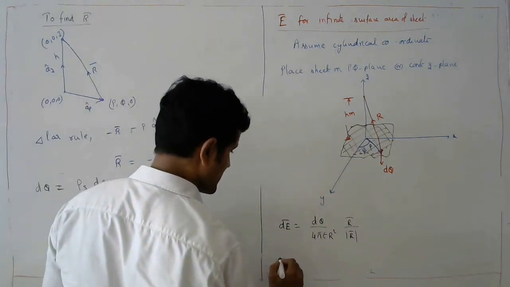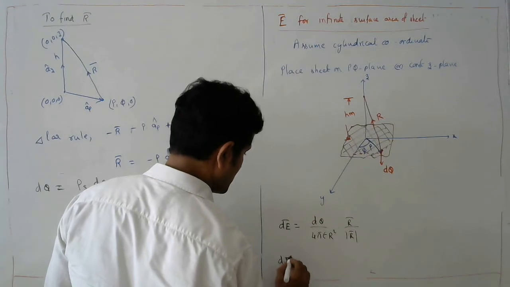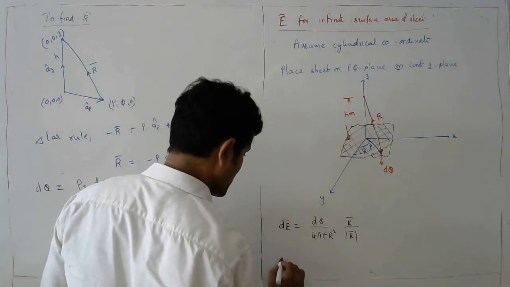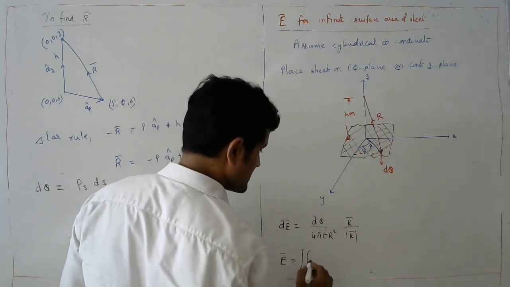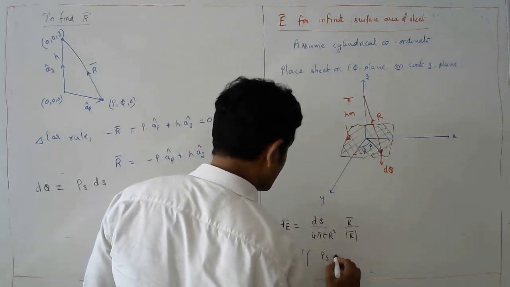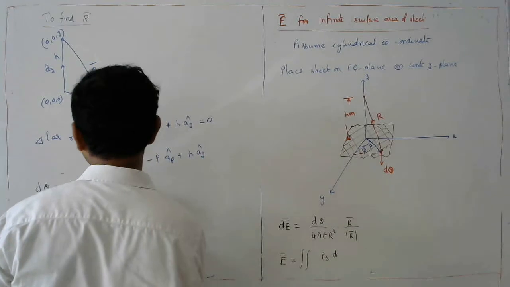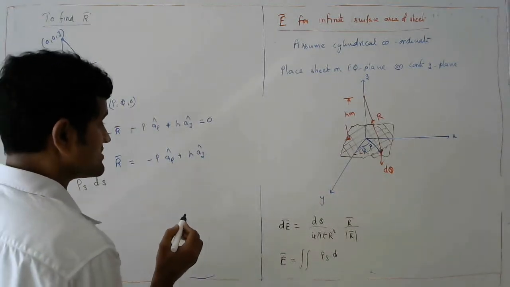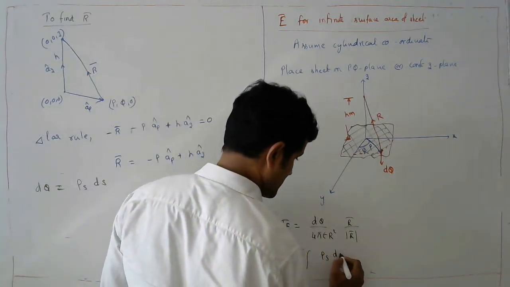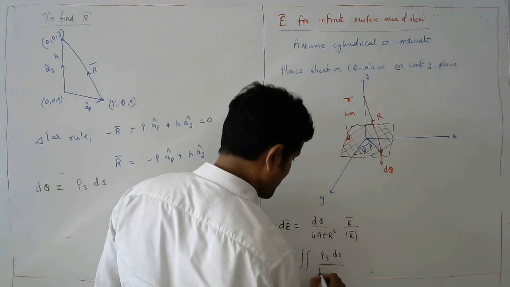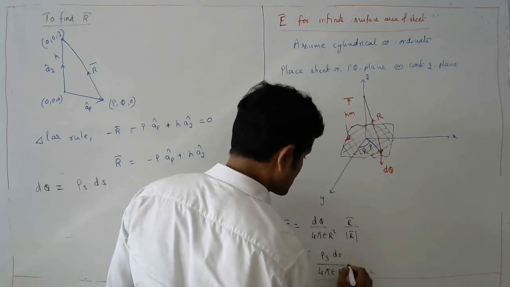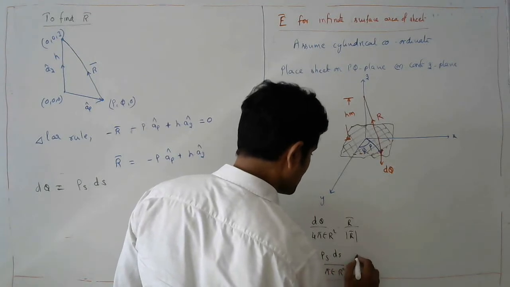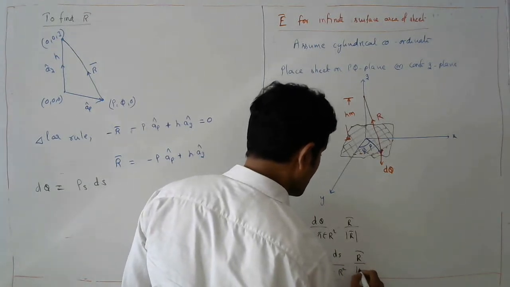So from this we can write E bar as the surface integration of rho s into ds, where ds is nothing but the differential surface, by 4 pi epsilon into r square into r bar by modulus of r bar.